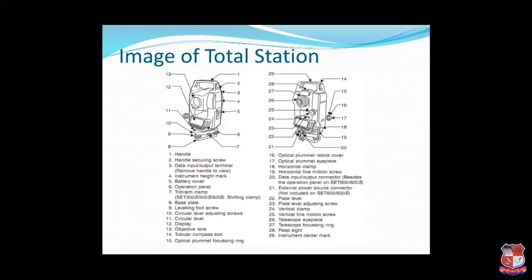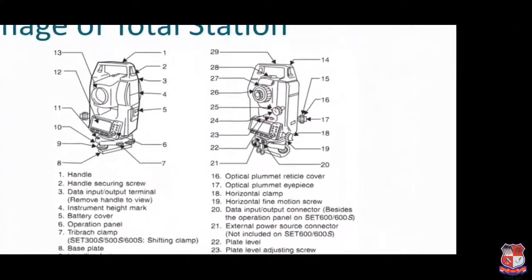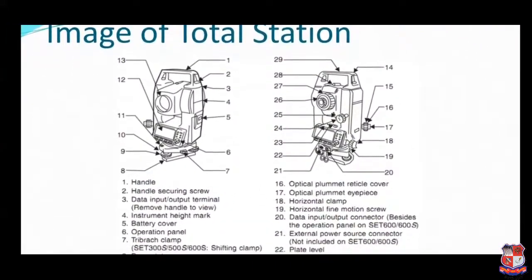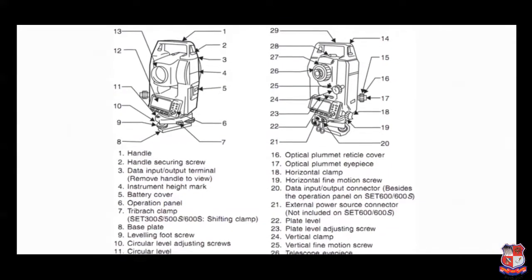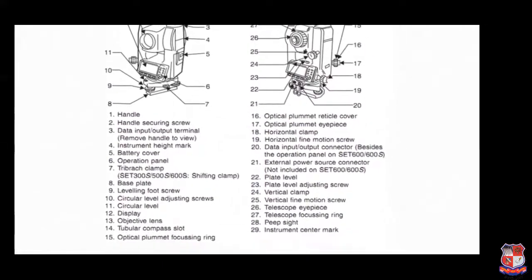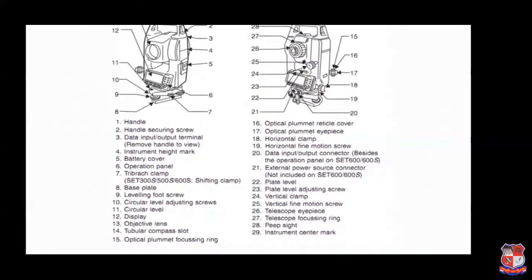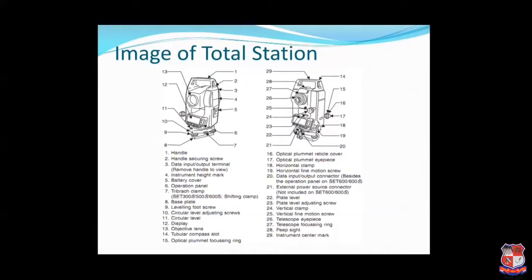Another figure showing each and every part of the total station. From the first, that is our handle, then handle screw, then data input, then battery cover, instrument height mark, base plate, all the features shown in this figure of the total station.